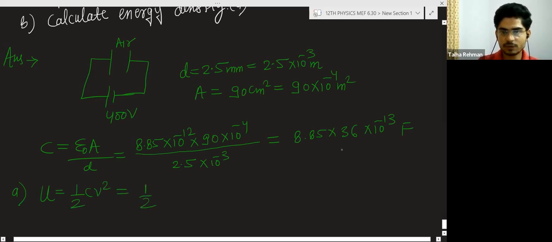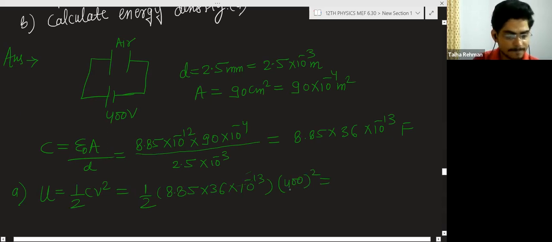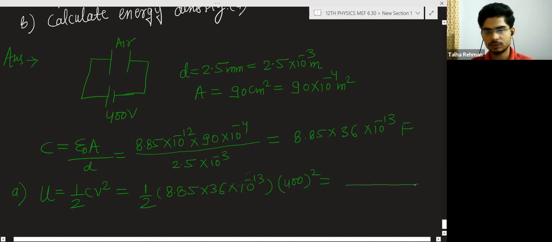So half, put the value of this capacitance, 8.85 into 36 into 10 to the power minus 13, and voltage square means 400 square, and you will get the answer. You can calculate this also. So this is done, half CV square.